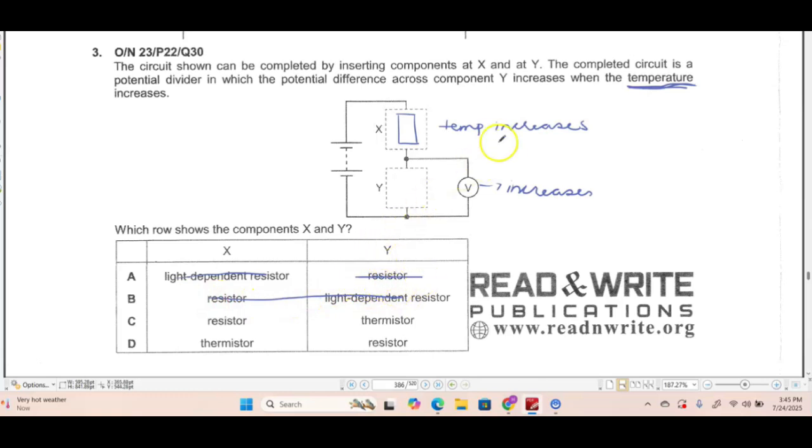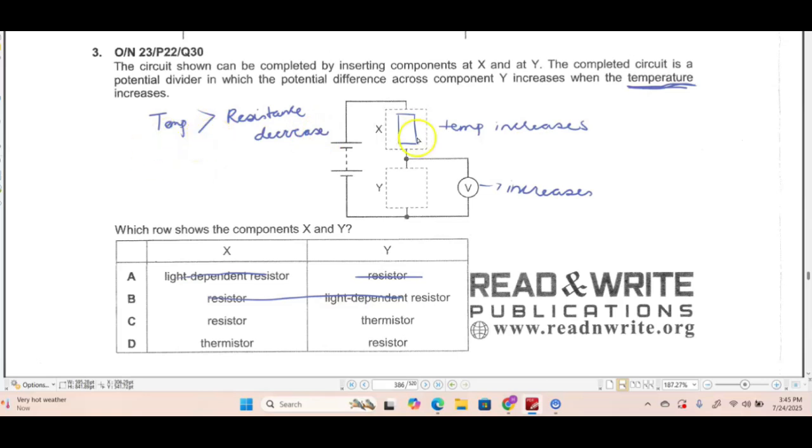When temperature increases, the component that changes with the increase in temperature is a thermistor. As the temperature increases, the resistance of the thermistor decreases. It's vice versa, they are inversely proportional to each other.